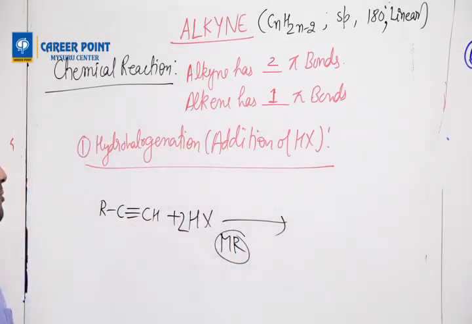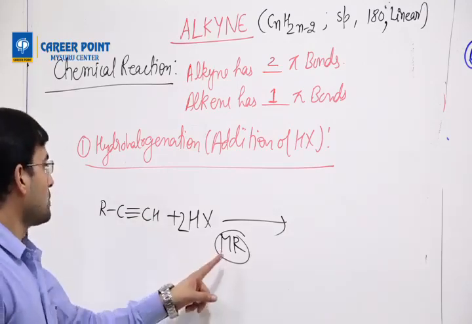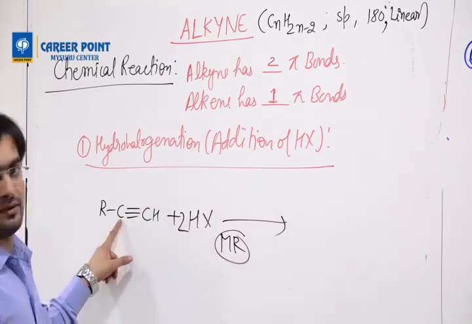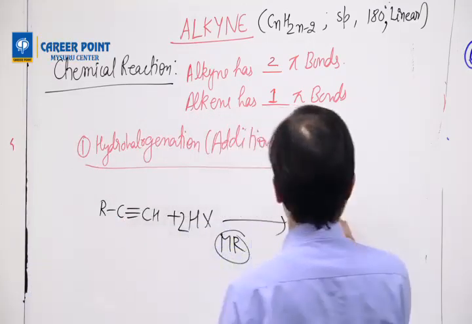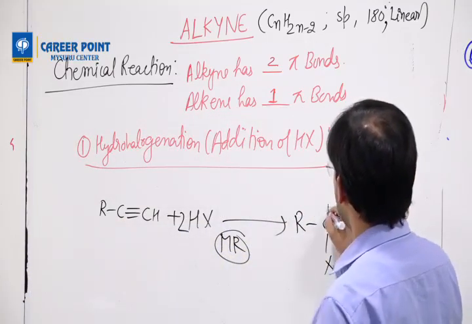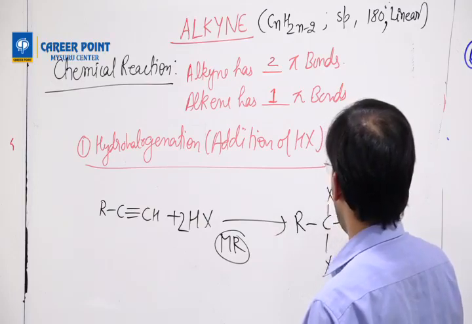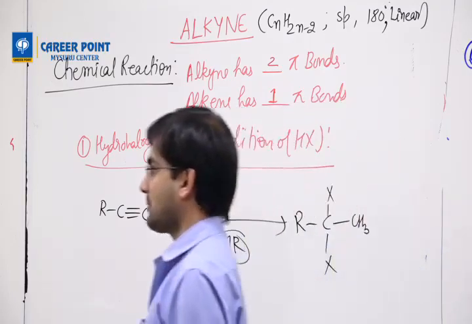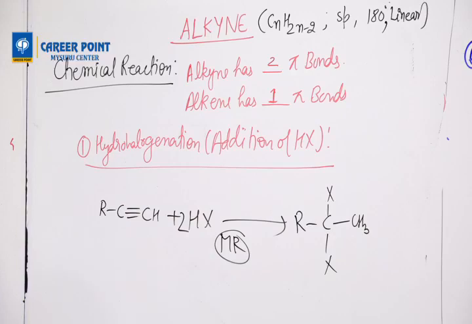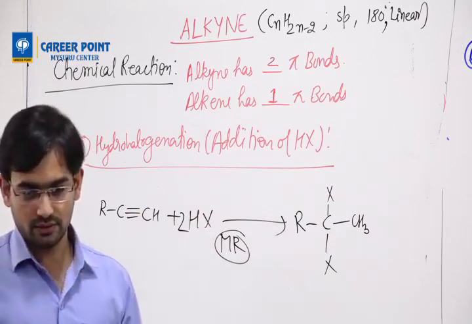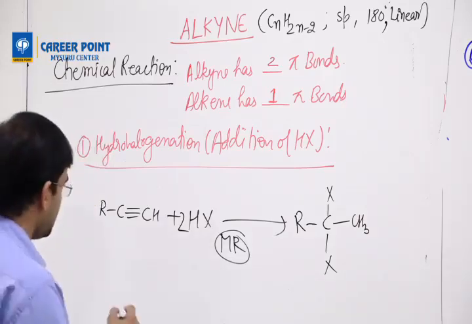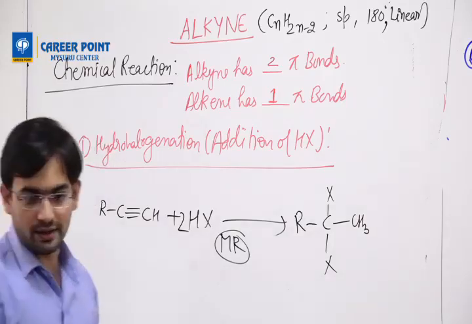Markovnikov's rule: X minus attacks the carbon which has less number of hydrogen. So this has less number of hydrogen. So the answer will be RCX double bond CH3. Correct? Right?